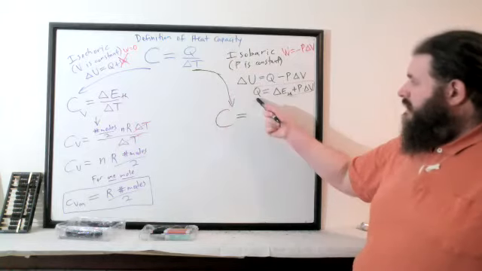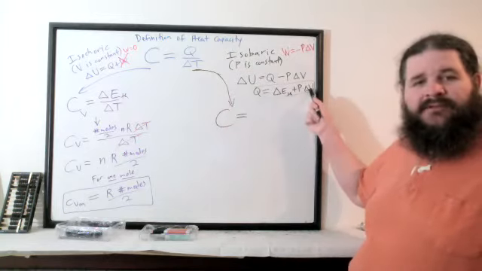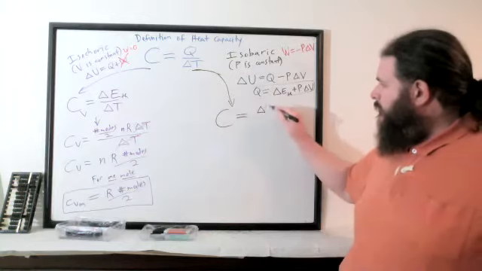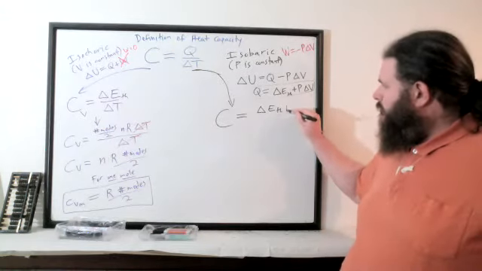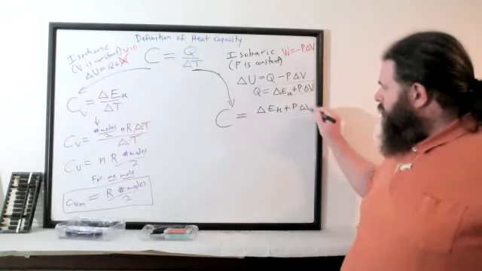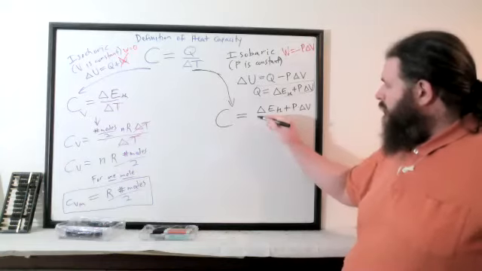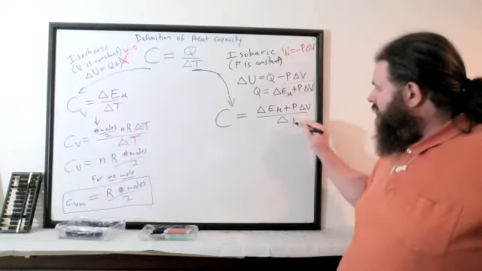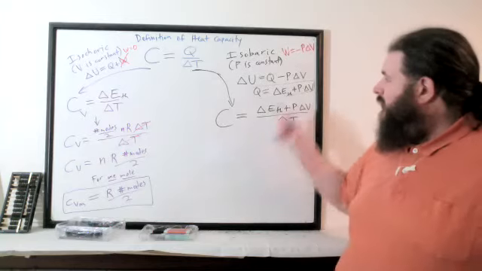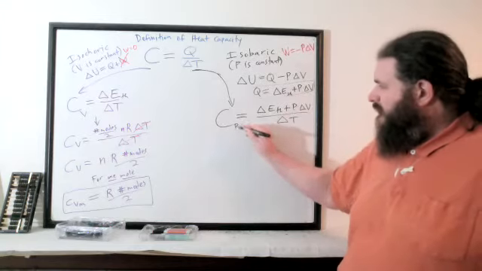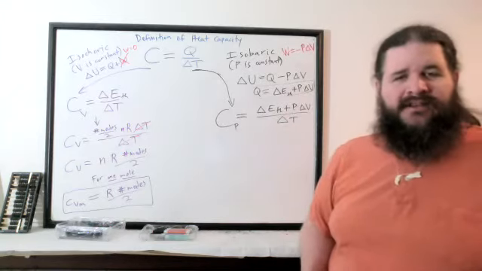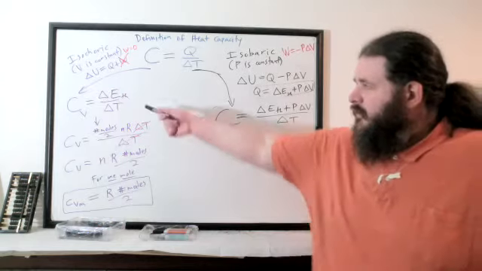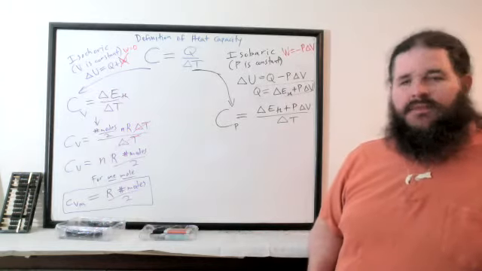But we now know heat can be replaced with delta E thermal plus P delta V. That is delta U minus work, all divided by delta temperature. And since we made that substitution, we should mark this as specifically the constant pressure heat capacity, as opposed to constant volume or anything else.